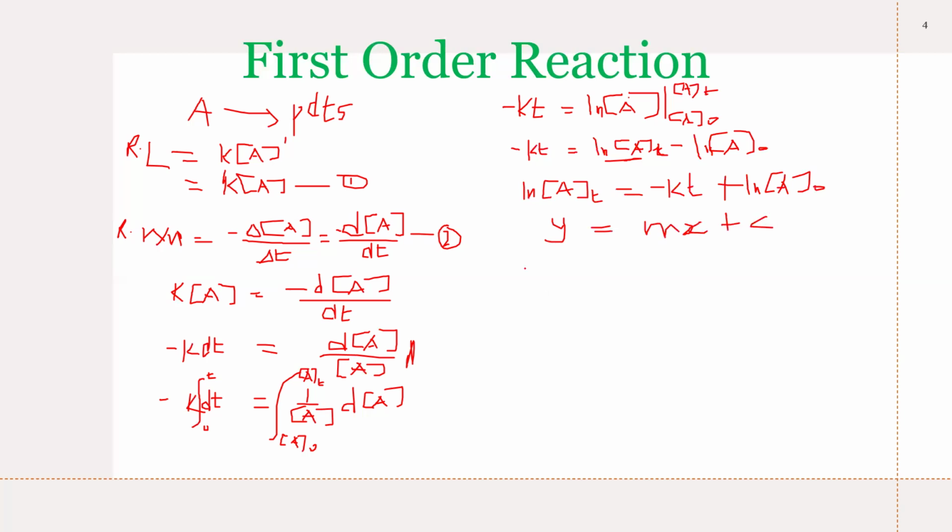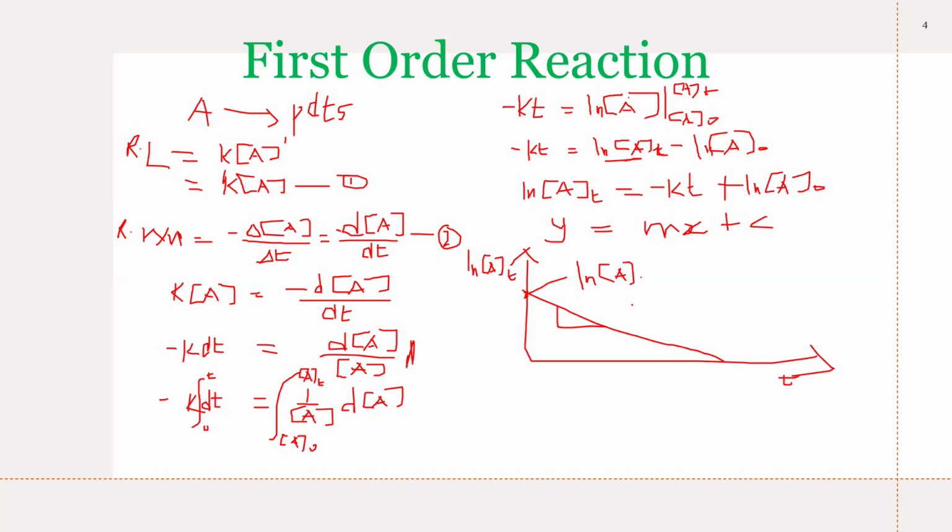So if we plot a graph of ln of the concentration of A at t with time, we are going to get a negative slope. Then our intercept will be ln of A naught.